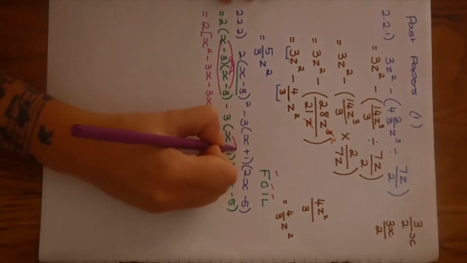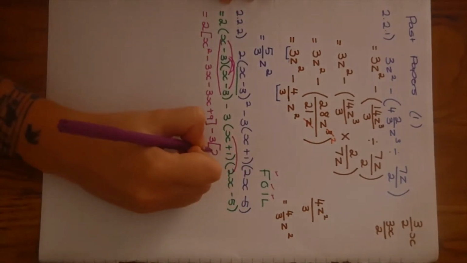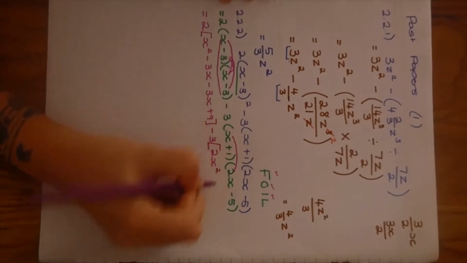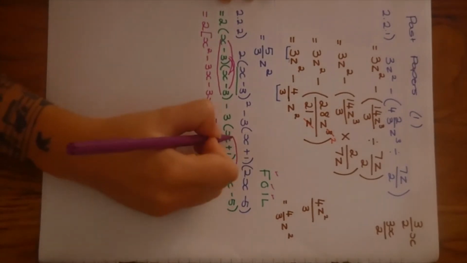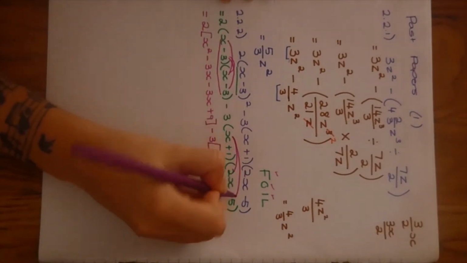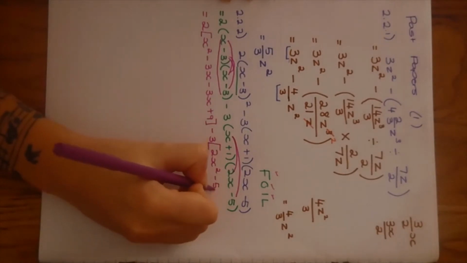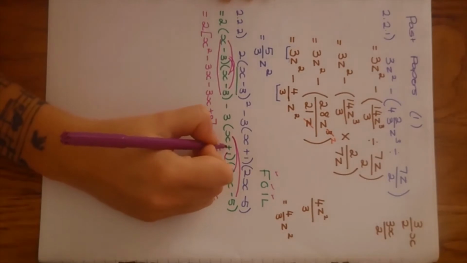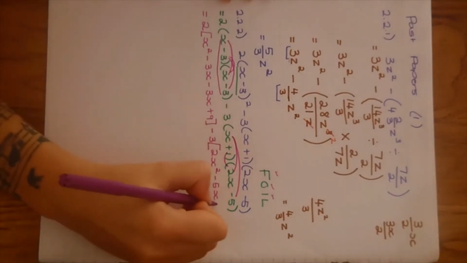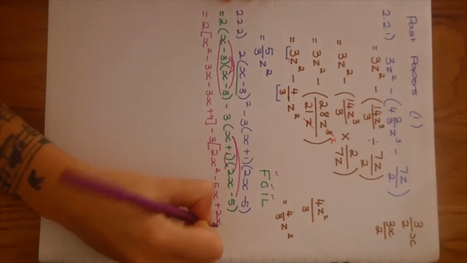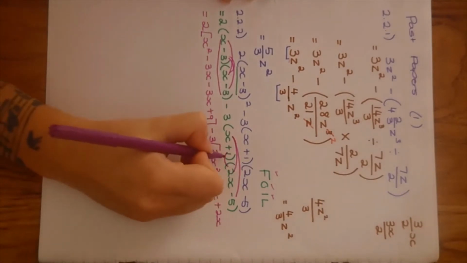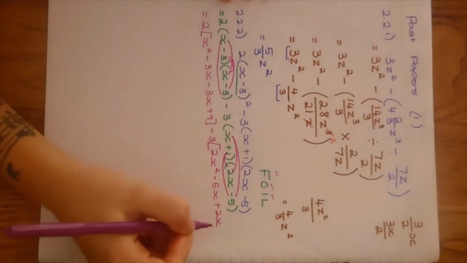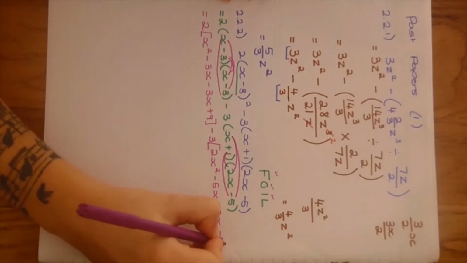So we've got first, x times 2x is 2x squared. Then we're going to do outer. X times minus 5 is minus 5x. Then we must do inner, these 2 innermost ones. Plus 1 times 2x is plus 2x. Anything times 1 stays the same. And then lastly, 1 times minus 5 is minus 5.